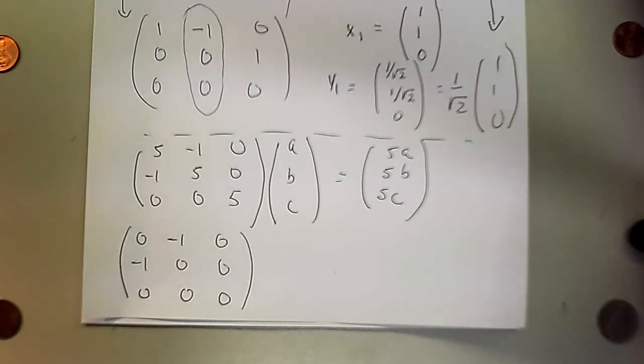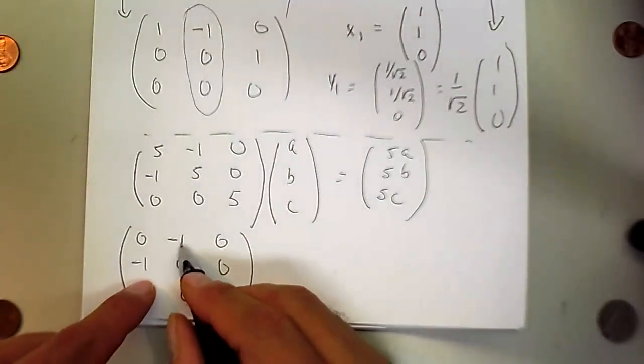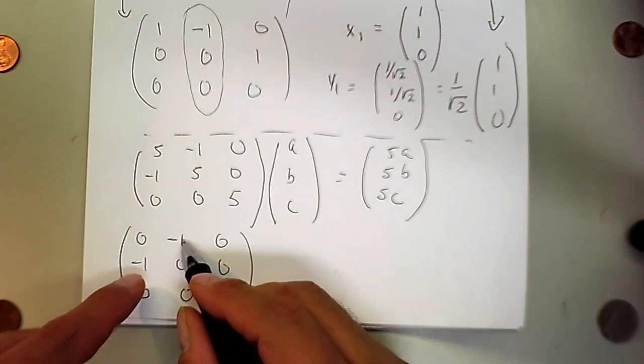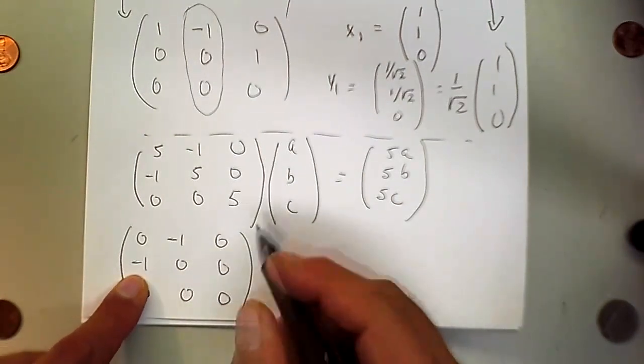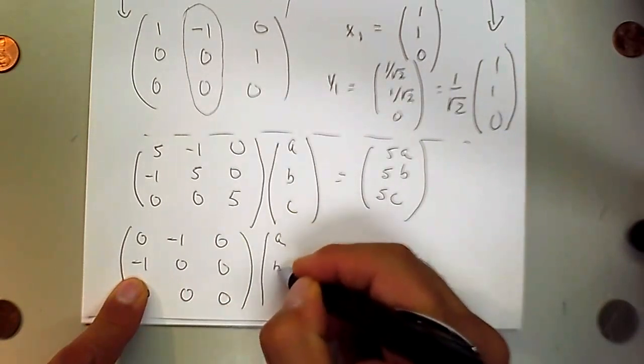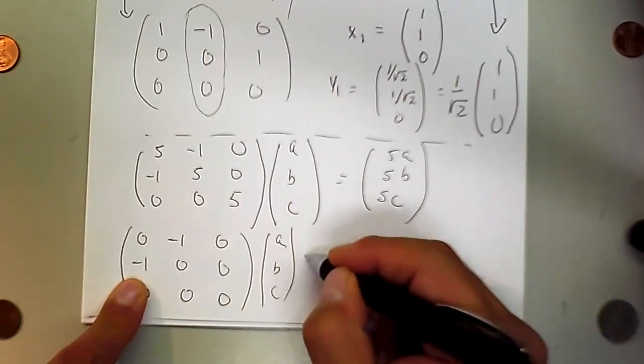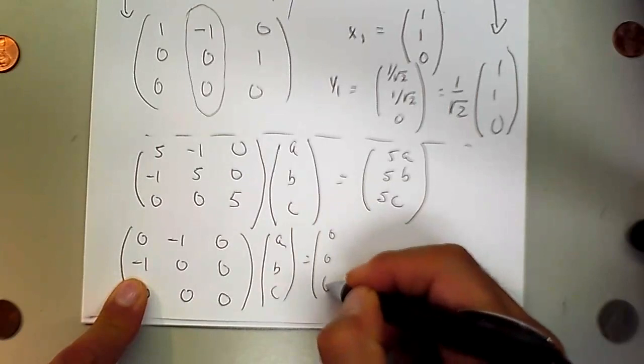Very intriguing. What does that mean? You can multiply this by -1, and this one by -1.